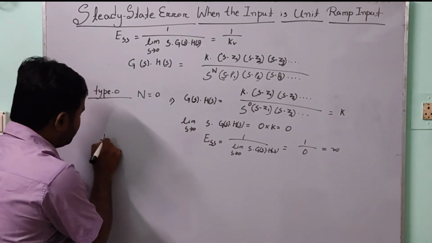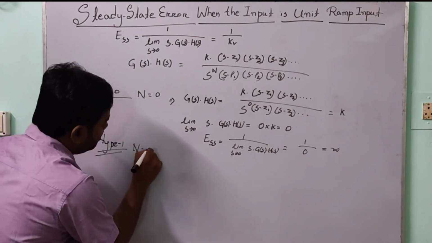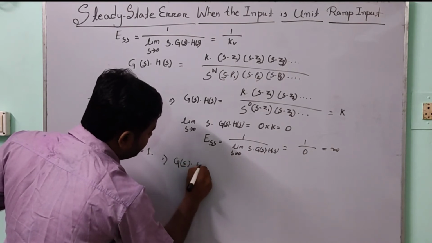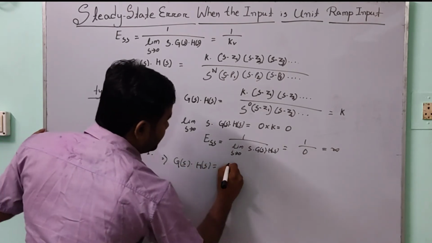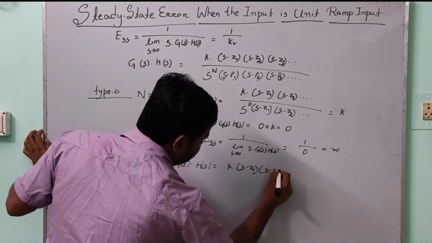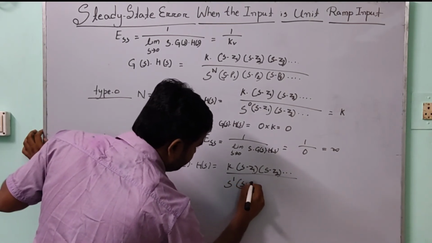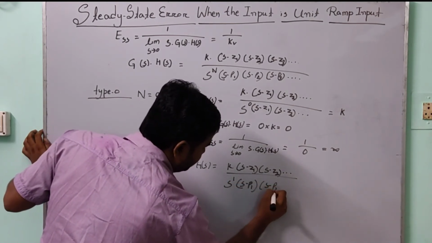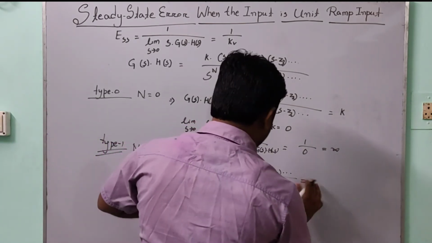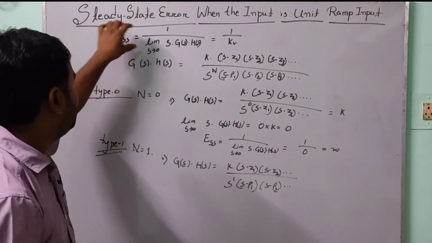If it is a type 1 system, n is equal to 1 here. So G(s)H(s) is equal to K into (s minus z1)(s minus z2) divided by s power 1 into (s minus p1)(s minus p2) and so on. Now we put this in the equation of ESS.